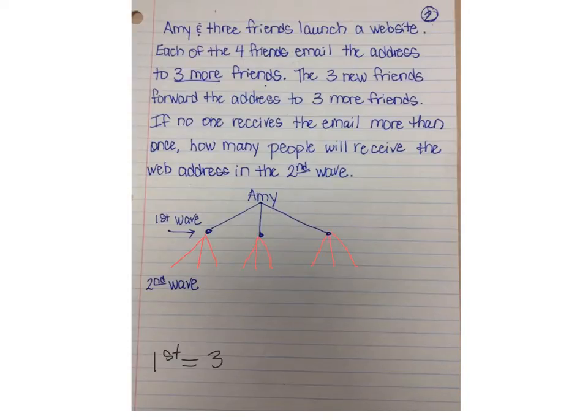Okay, now how many people are in this second wave? Well, if we count, we have 1, 2, 3, 4, 5, 6, 7, 8, 9. Okay, so the second wave equals 9. Okay? And that's basically 3 to the second power.